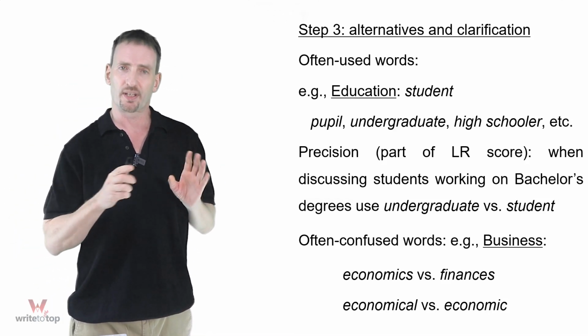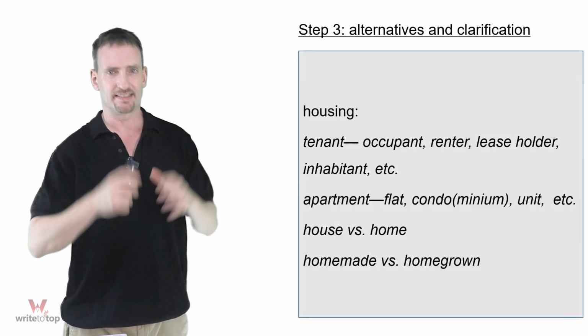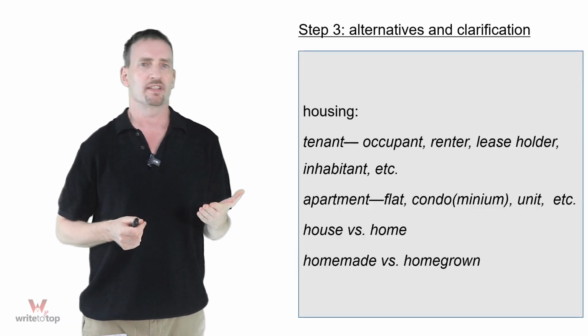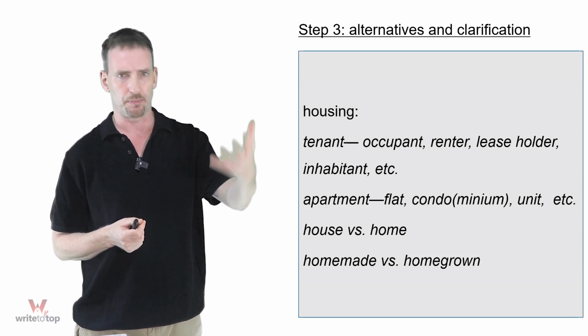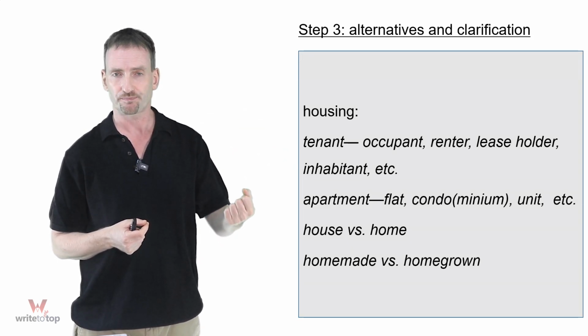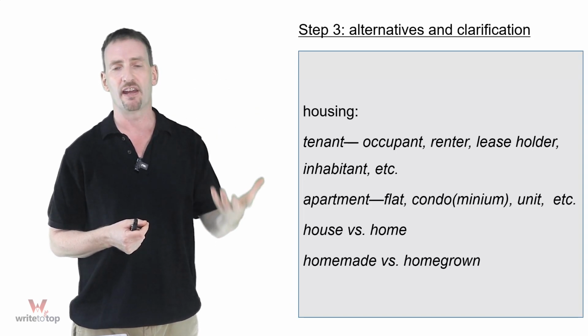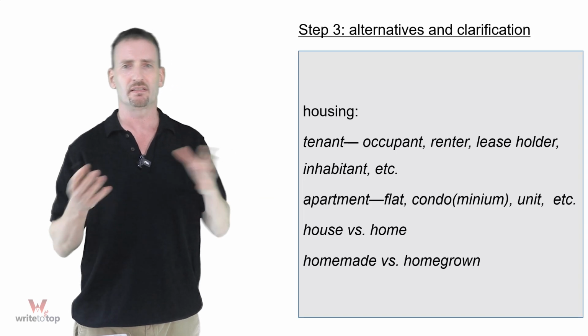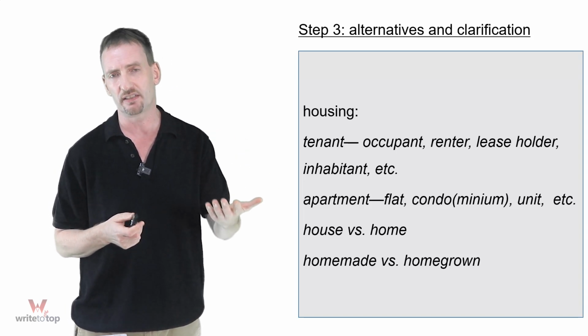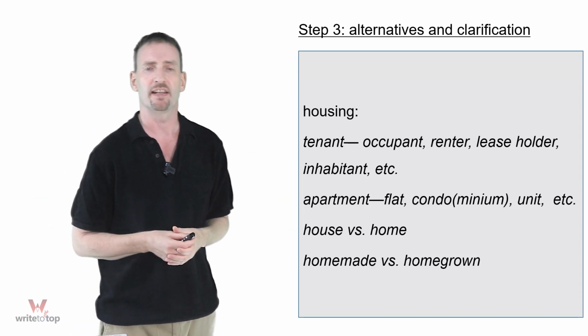Okay? Let's look at housing again as an example. A word that's going to come up often is tenant, the person who lives in an apartment or a house and pays rent. Okay? Occupant, renter, leaseholder, all of them can be used. Inhabitant doesn't necessarily mean paying rent, but it could be a person paying rent as well.